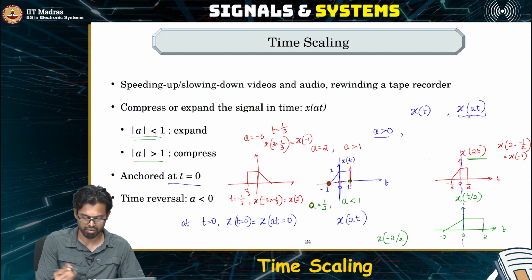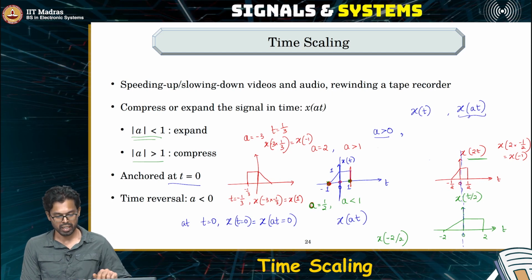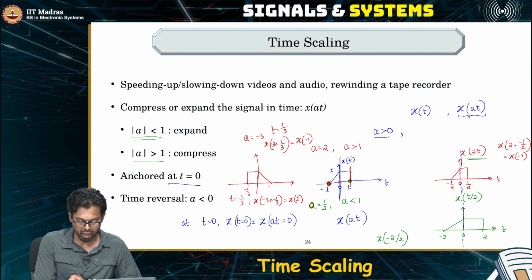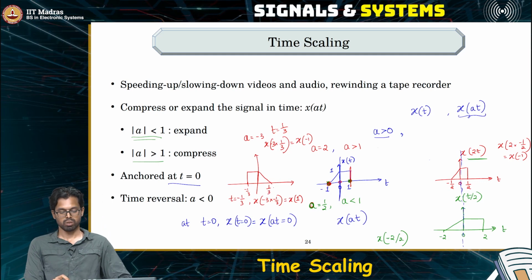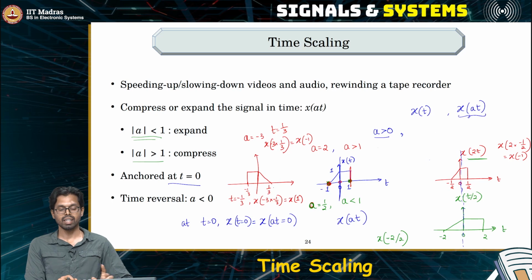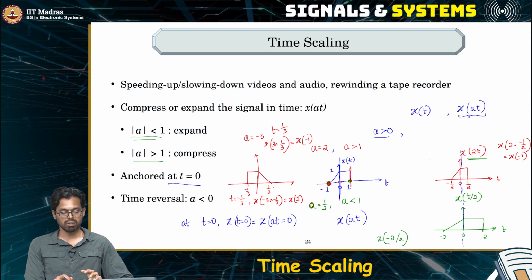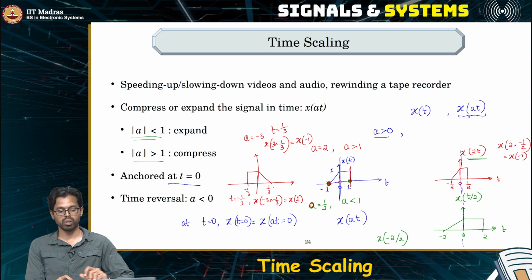So the entire signal flips. This is what we refer to as time reversal. Whenever a is negative, we have time reversal happening. Basically the signal flips about the point t equal to 0, about the y-axis, and it can expand or compress depending upon the absolute value of a.